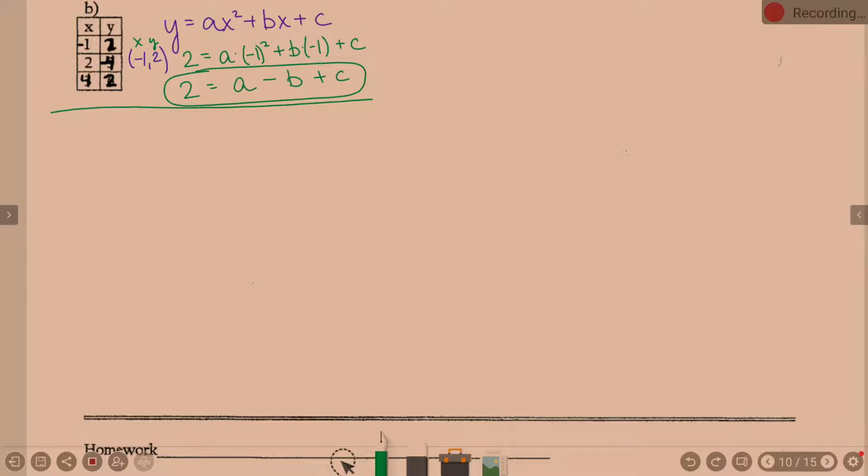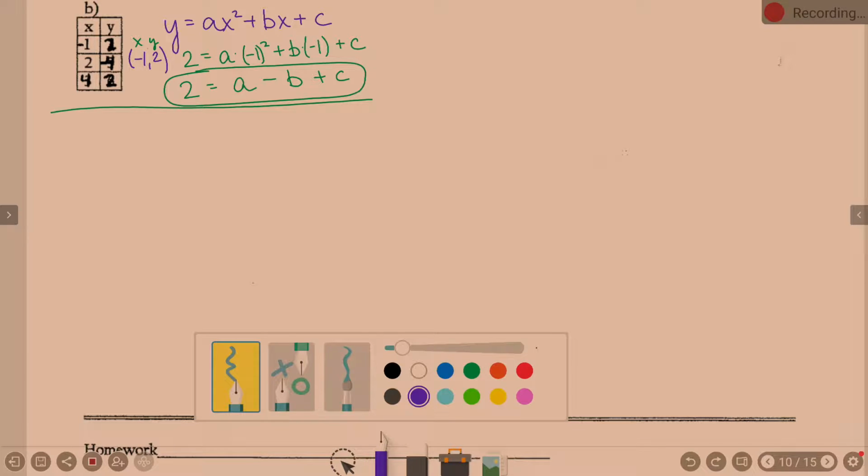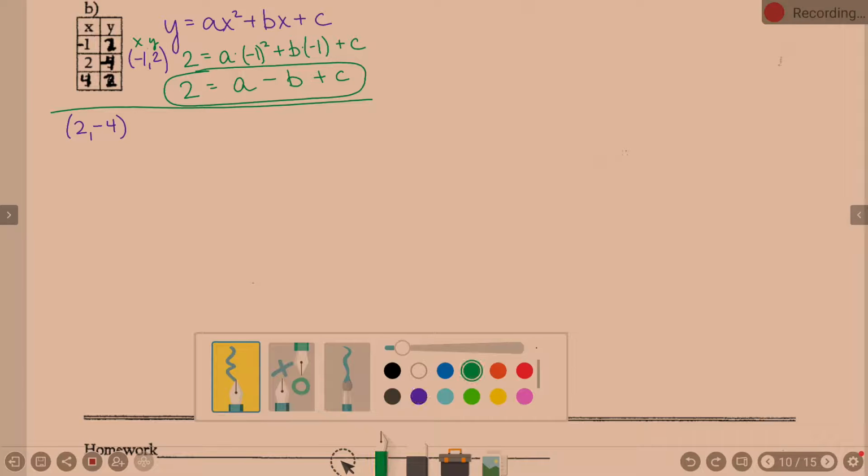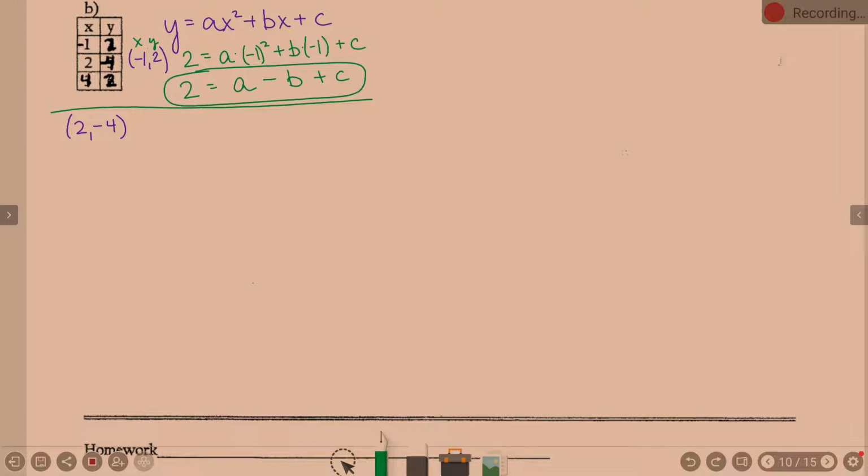Okay, what's the next ordered pair I'm using? If you can read it, sorry. 2, negative 4. So, y equals means I'm going to start with negative 4 equals. We're back to using standard form again, right? ax squared.